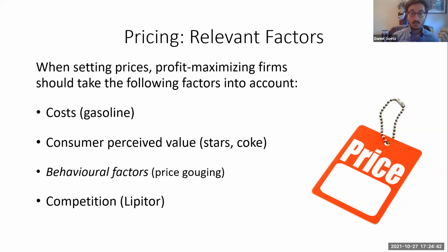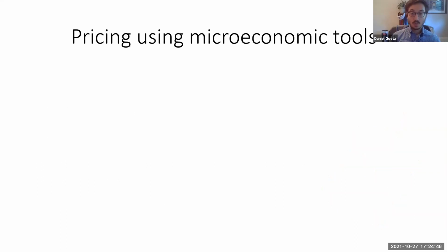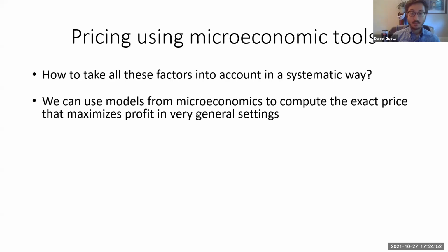So these are a lot of different features to try to incorporate in pricing. So one way to do pricing well is using microeconomic tools. In a systematic way, we can use models from microeconomics to compute the exact price that maximizes your profit in very general settings. And I'm going to show you how we can do that in a simplified way in a few slides.